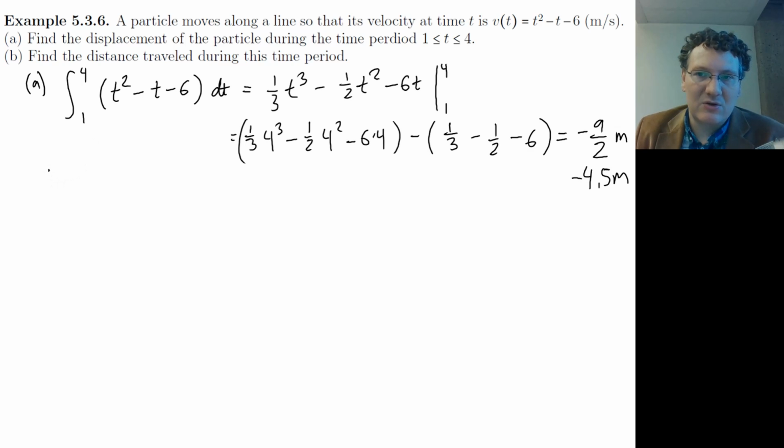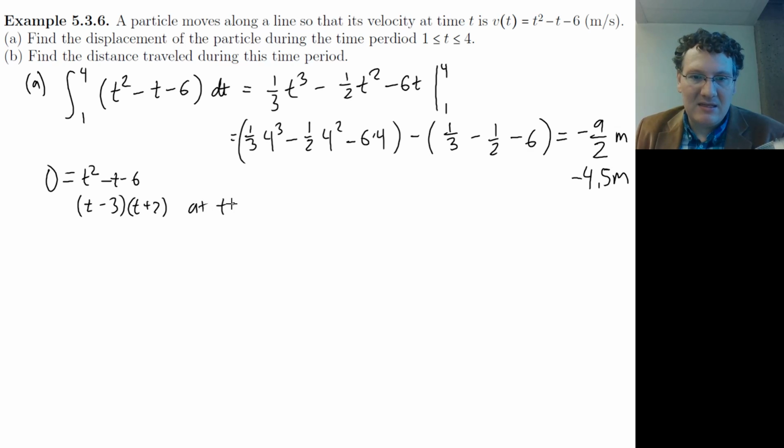Let's try to find if the velocity of this thing is ever 0, which means it will change direction. t squared minus t minus 6 is t minus 3 times t plus 2. So at t equals 3, this particle changes direction.